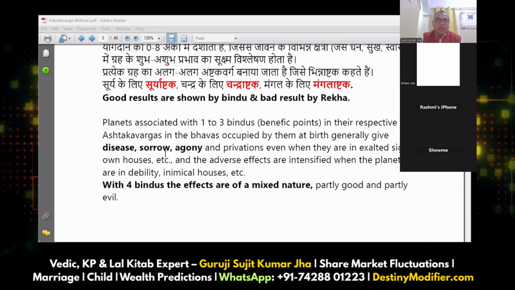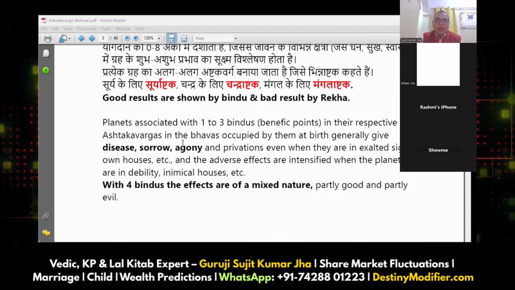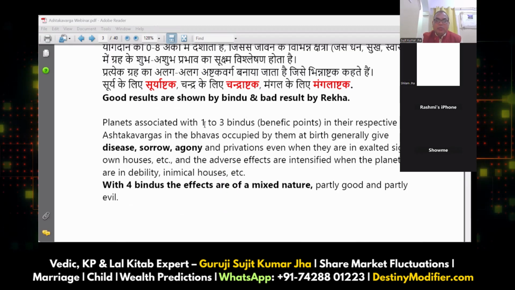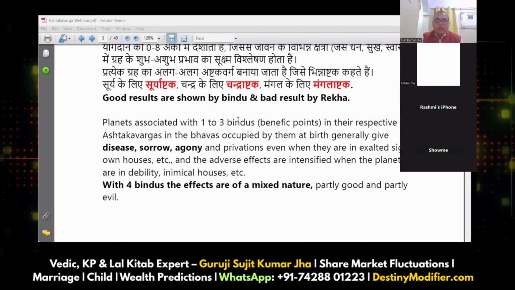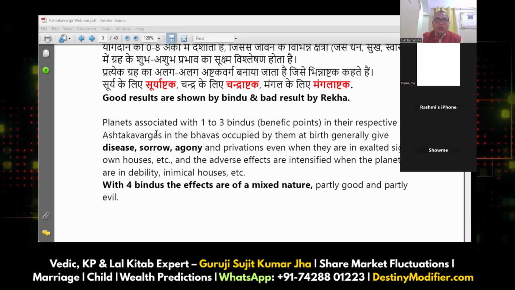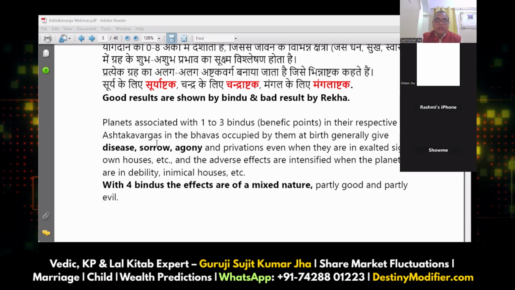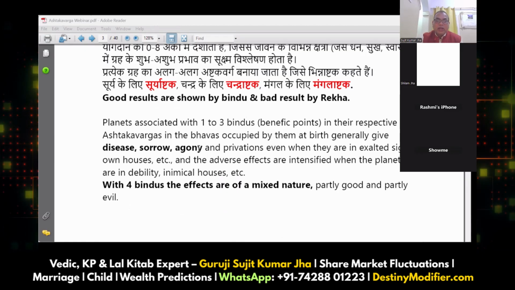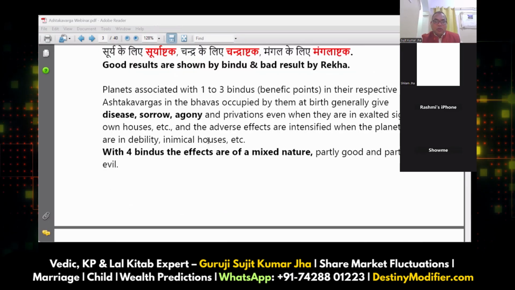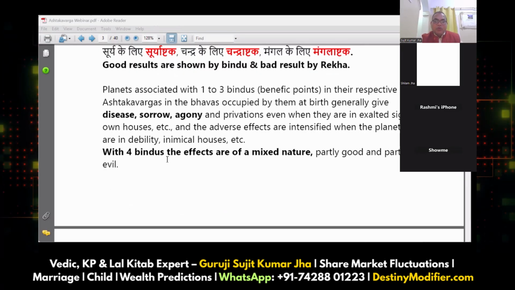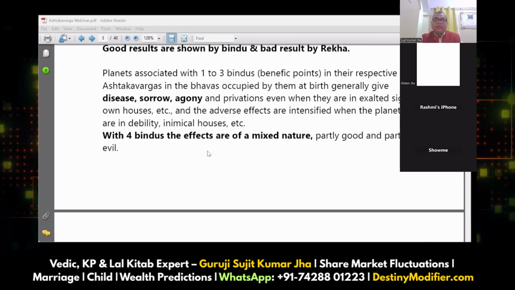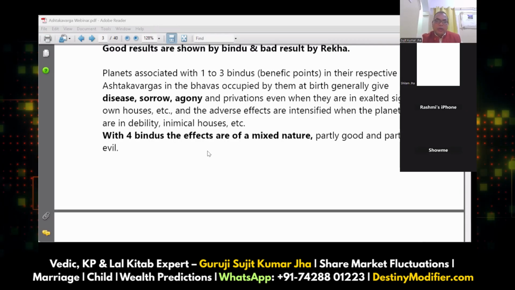Suppose a planet is placed in a house, and in that house the planet is given points, called Bindu, from 1 to 3. Then that planet will give disease, sorrow, agony. It means the planet will give a bad result. But if the planet has 4 points or 4 Bindu, we can say it has a mixed result, not good, not bad, average.